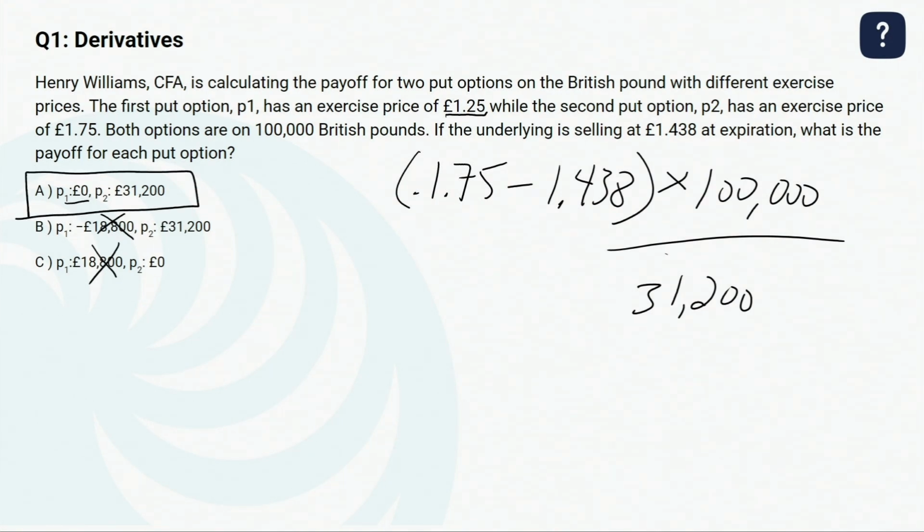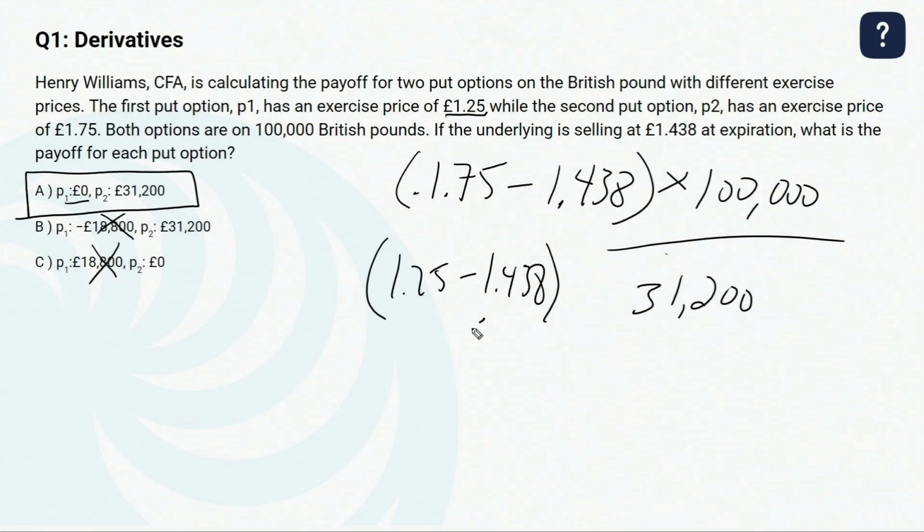And again, that's just taking, for a put option, the strike less the current price times 100,000 pounds. For the lower strike put, this is going to be less than 0, so the value would be 0.